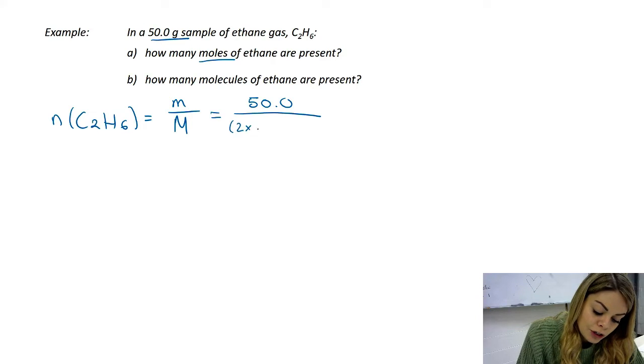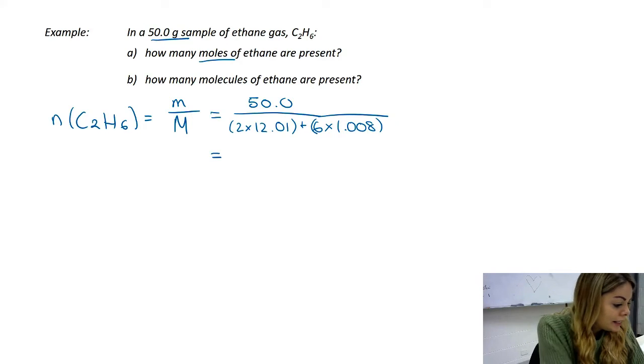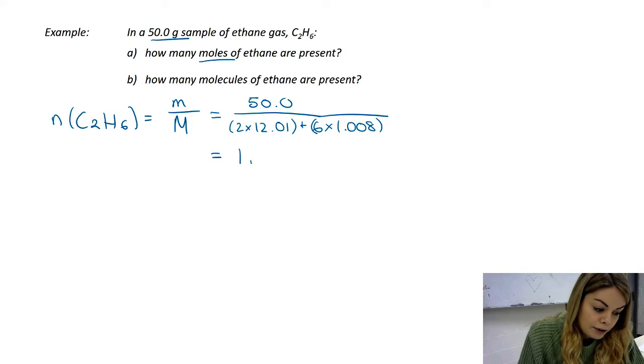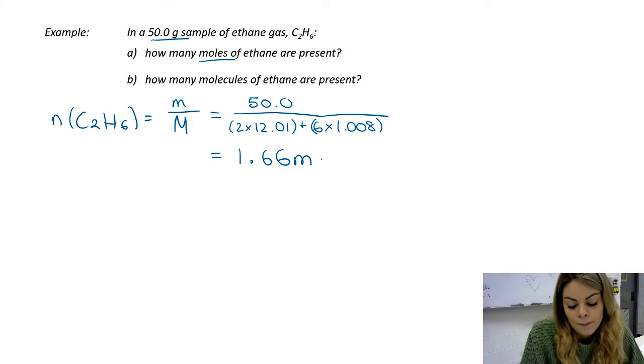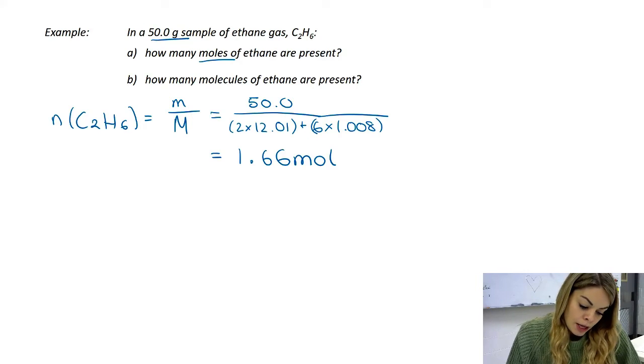Well, I've got 2 lots of carbon, they're 12.01 each, and I've got 6 lots of hydrogen, and they're 1.008 each. And the answer to that is 1.66 moles.